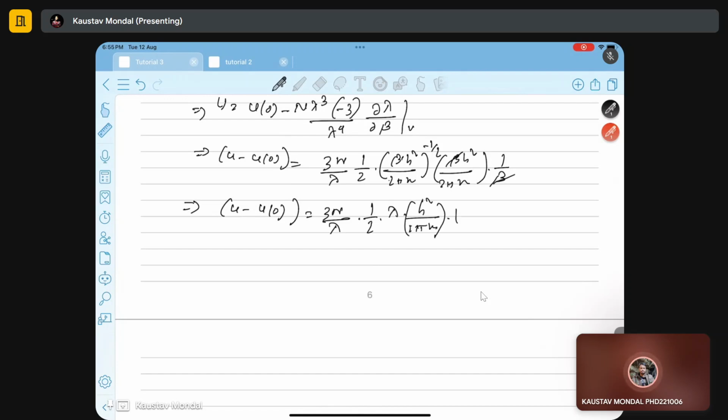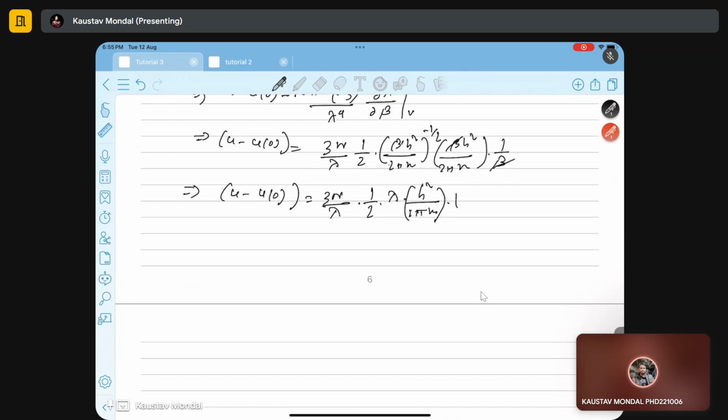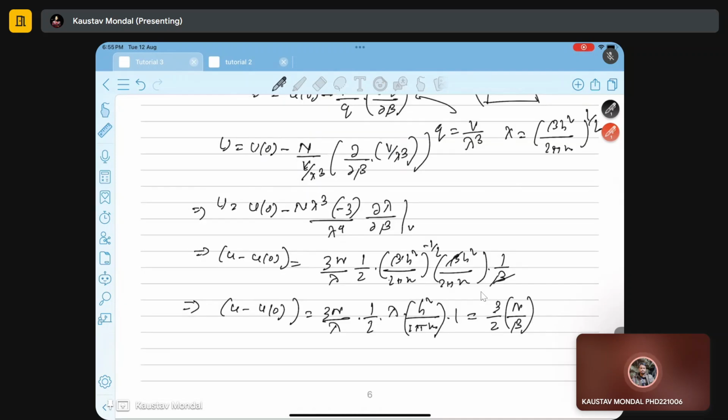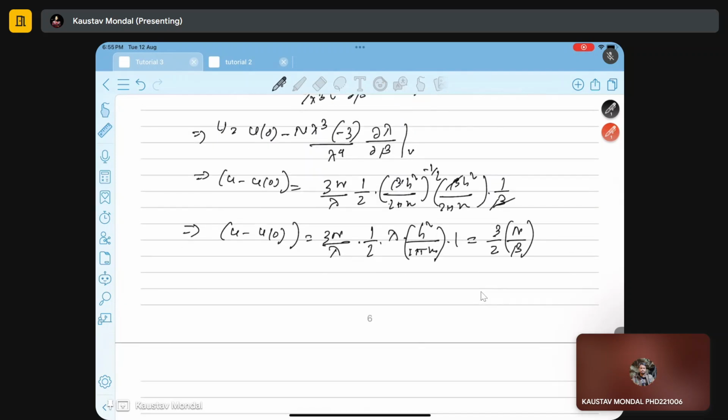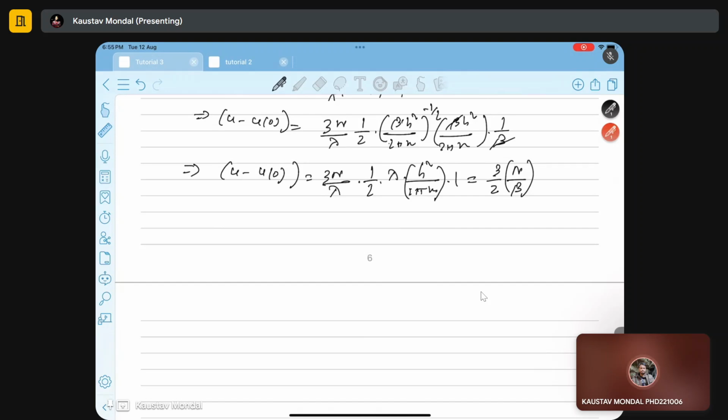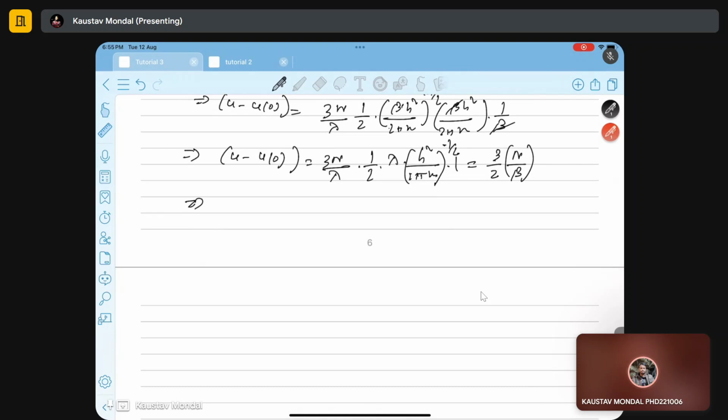So if you count all of this, lambda will cancel, beta gets cancelled, 2 pi m gets cancelled, then from there you will get 3 by 2 N by beta. This would be the expression you get. It is a minus of, so now U equal to U0 plus 3N by 2 beta.